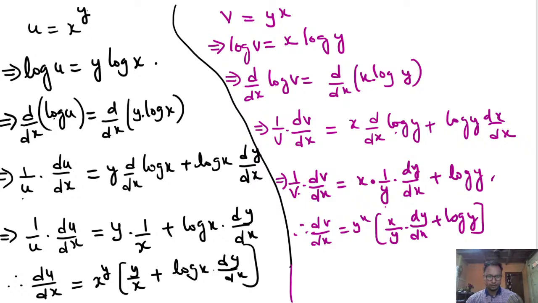Now we will put the values of du by dx and dv by dx in equation number 1.